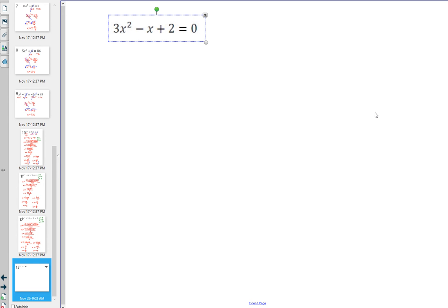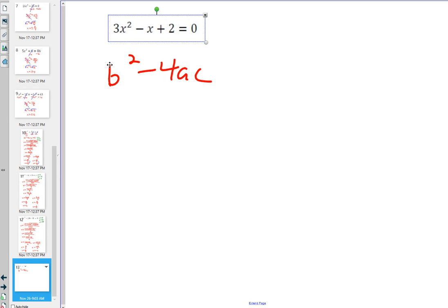So what's the shortcut you can use if you want to find out how many solutions? Lewis, you don't have to use the entire quadratic formula. What's it called? The discriminant. Just use the discriminant, the b squared minus 4ac. So what's b here?